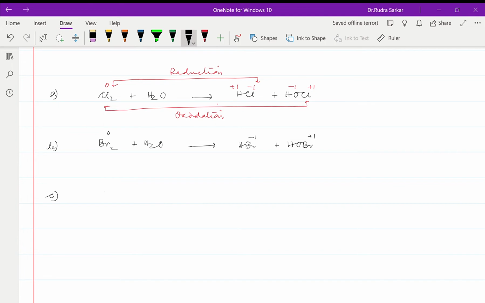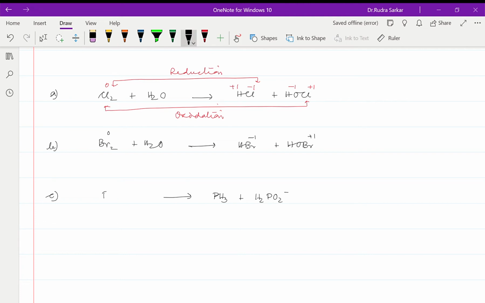Say we have been given over here P and it is going to PH3 and H2PO2 minus.